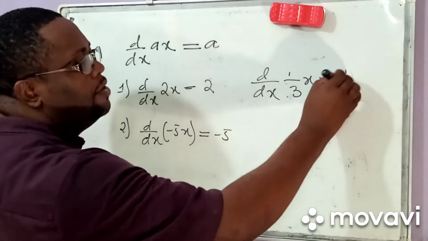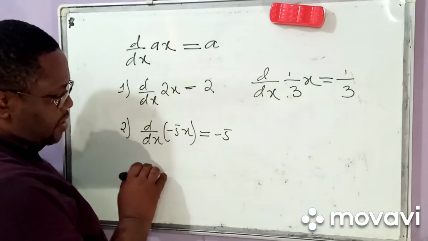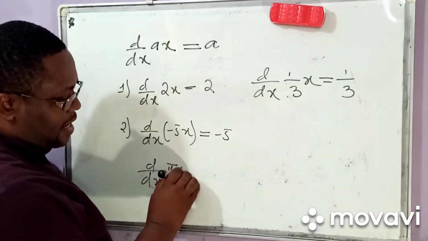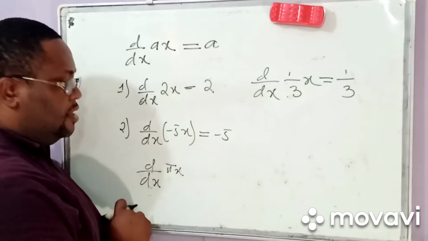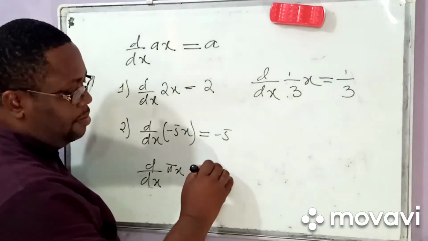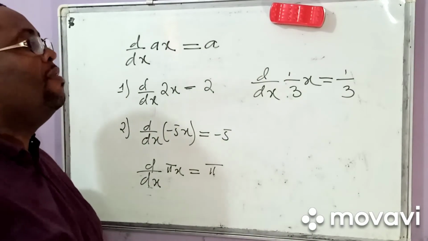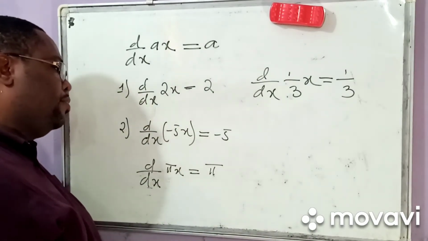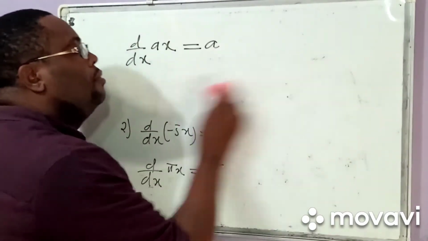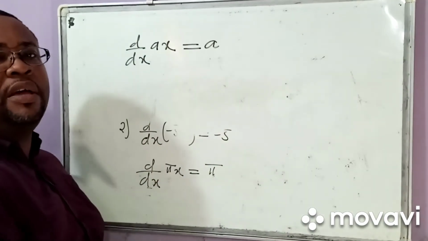This is ax. So we simply have 1 over 3. What if we were differentiating with respect to x, pi x? Simple. Pi is a constant. So my answer simply becomes pi. And that's it. So, we can clean up now. So generally, whenever you differentiate ax, you simply get a.